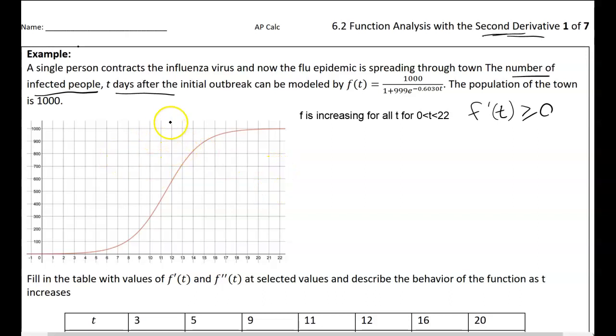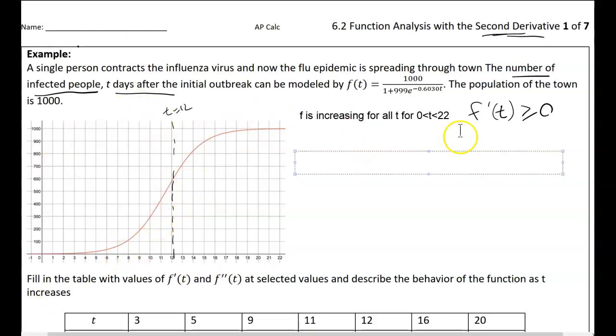And what I notice here is at about t equals 12, the graph starts increasing more slowly. So as we see, one person gets infected and it starts to spread quite quickly, until this point at which it starts to level off. So that's the property of this graph that we're interested in here today.